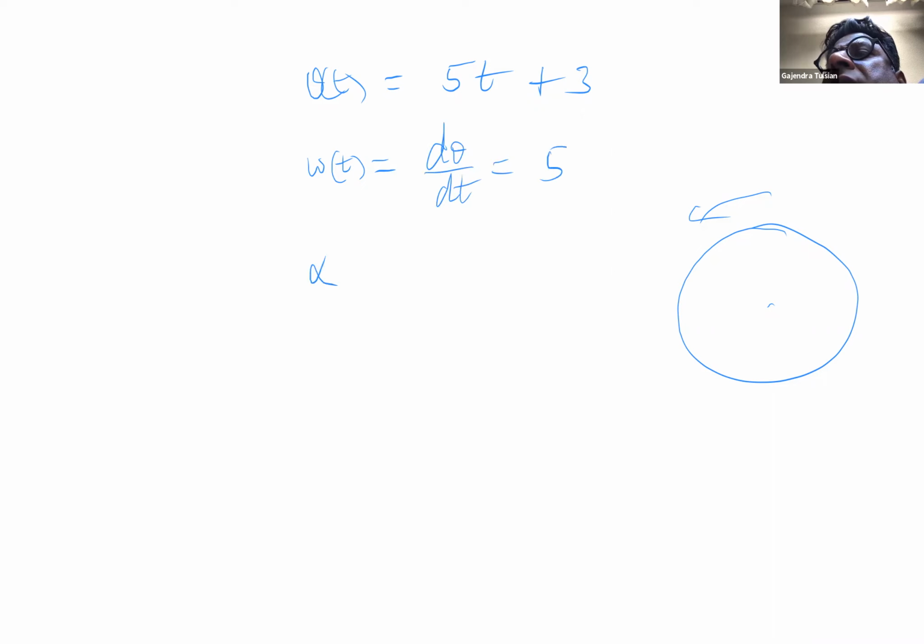And angular acceleration is d omega by dt, which is 0. The reason I did this example is, you saw that if the angular position is a linear function of time, angular acceleration is 0. That is, the angular velocity is constant. If the angular velocity is constant, you don't have acceleration.